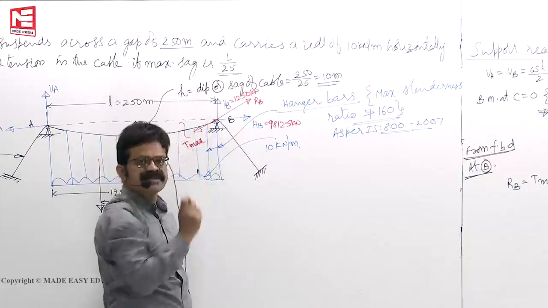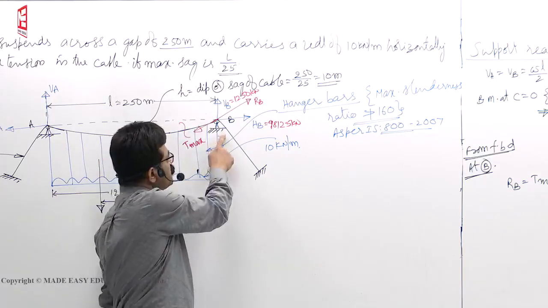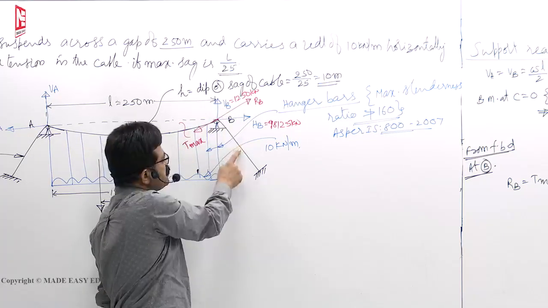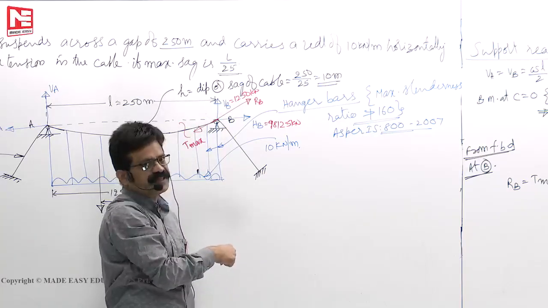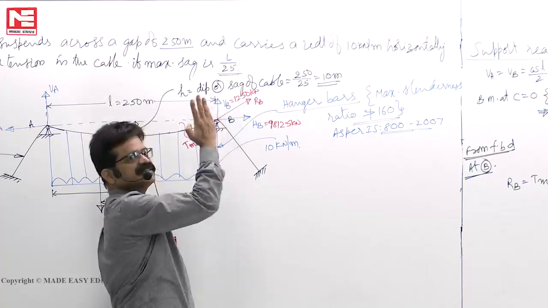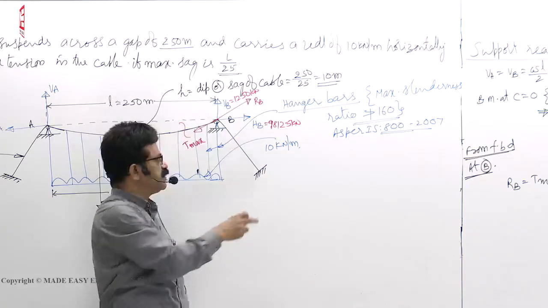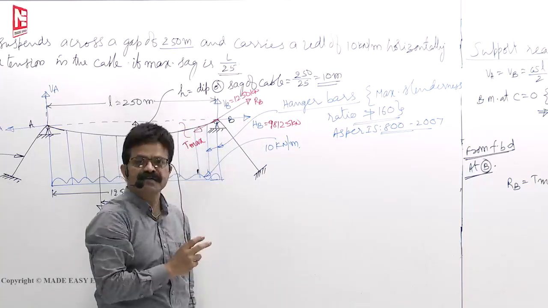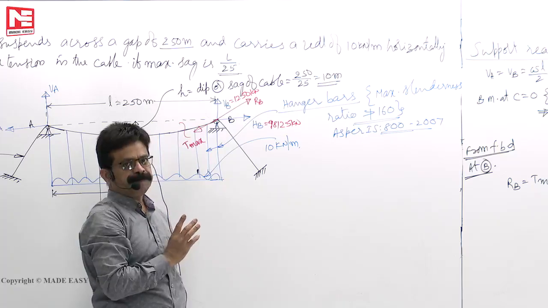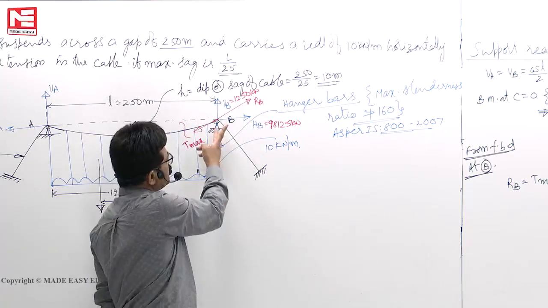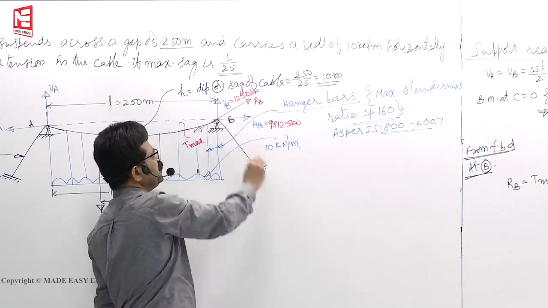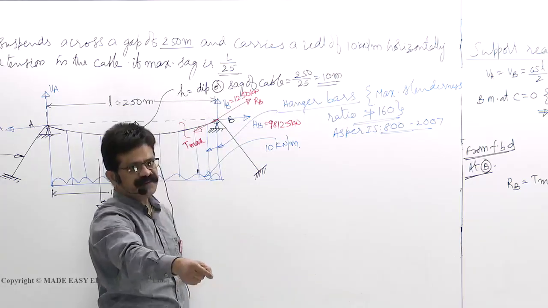If you are interested in the support, then on this support, VB plus this also will give some vertical force. So that reaction you also have to add. If you want the total reaction at the support, then what the anchor cable is doing you also have to add. Now assume that the anchor was not there, the cable stops here only. For full clarity's sake I have given all.